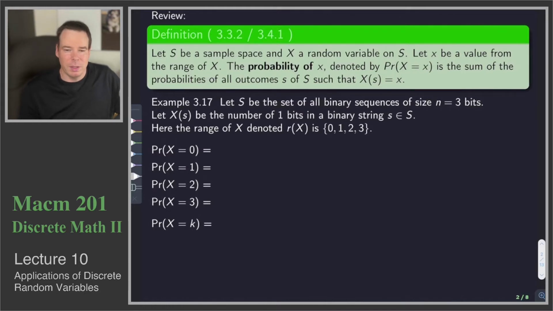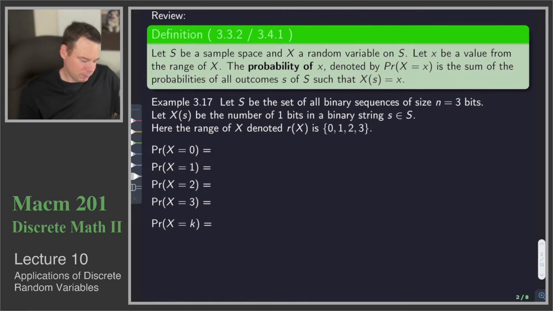In that case, S was our sample space, big X was our random variable, and little x was some value that the random variable can take on, so some value in the range. The probability of little x is denoted by Pr of big X equals little x, and it's the sum of the probabilities of all the outcomes in the sample space that had value little x under the random variable.